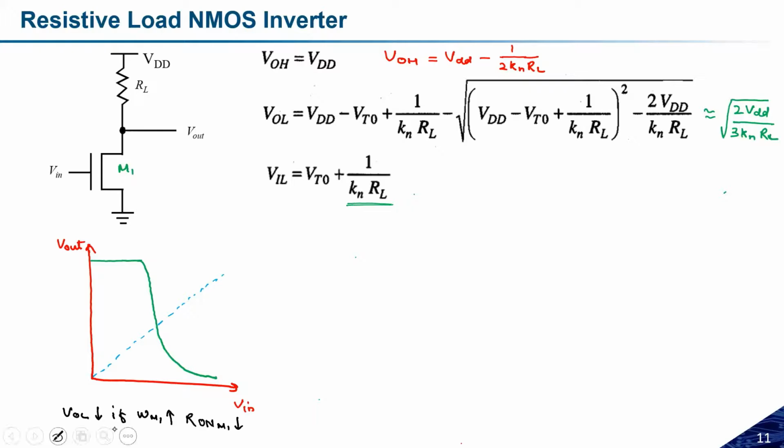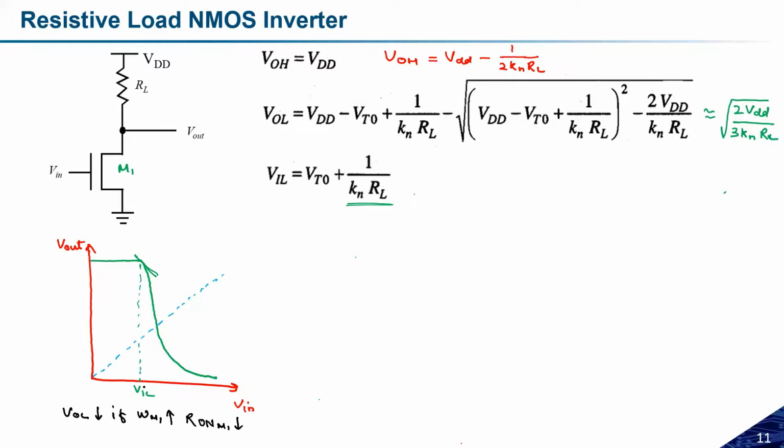VIL is, if you can remember, the particular point where we calculate the minus 1 slope, and this point is the VIL. The minimum value of this VIL is equal to the threshold voltage of the transistor. But if W by L is somewhat lower, then this factor will increase, so the VIL will increase.